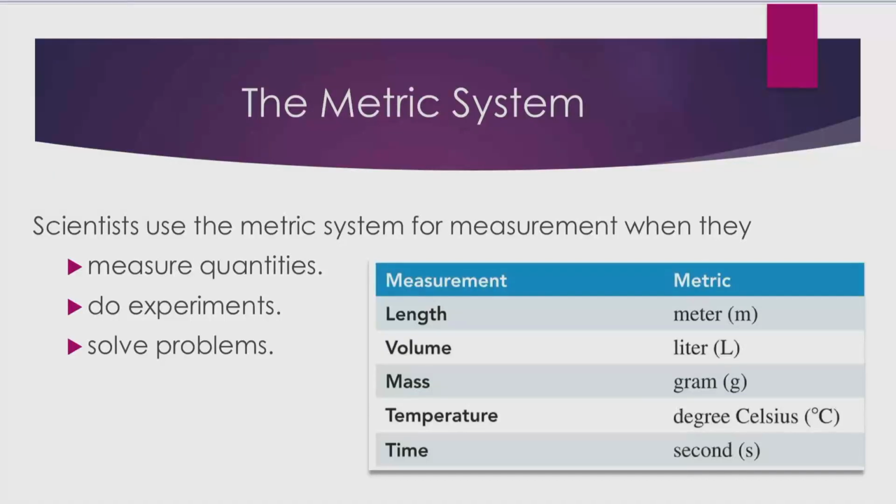For volume, thinking like soda, because soda often comes in 2 liters. So liter is our unit of measurement for volume. How much space, 3-dimensional space something takes up. Our metric unit is the liter. In the parentheses at the end, that's what we shorten it to.